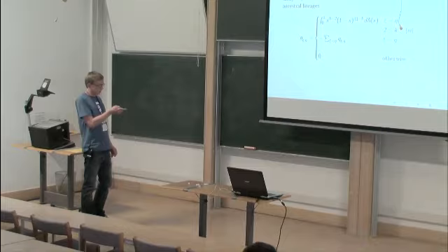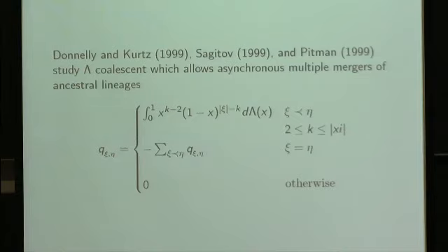And this is the rate at which any k of the lineages merge. It's like you flip a coin, and with this rate lambda, which is some finite measure on the 0-1 interval, all that show up heads, you merge.